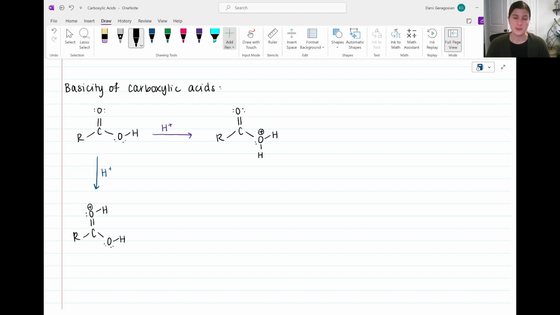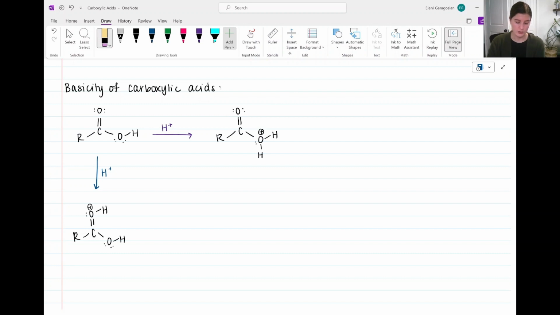Now, both of these molecules have a positive charge, but in only one of them, the positive charge is delocalized. If we look at the molecule up here that I just drew that arrow to, that positive charge is localized to the oxygen, and there isn't any resonance structures that we could show that would transfer the ownership of that positive charge to a different atom. The positive charge here is localized.